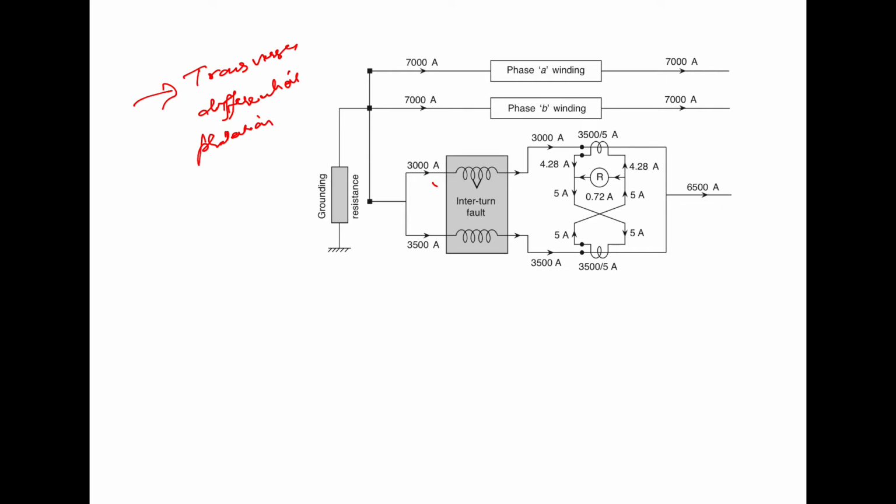Now what happens is that to apply this type of protection, a special type of split winding is required, as shown here. It is used for inter-turn faults, and the current in each parallel section is compared with the other section.